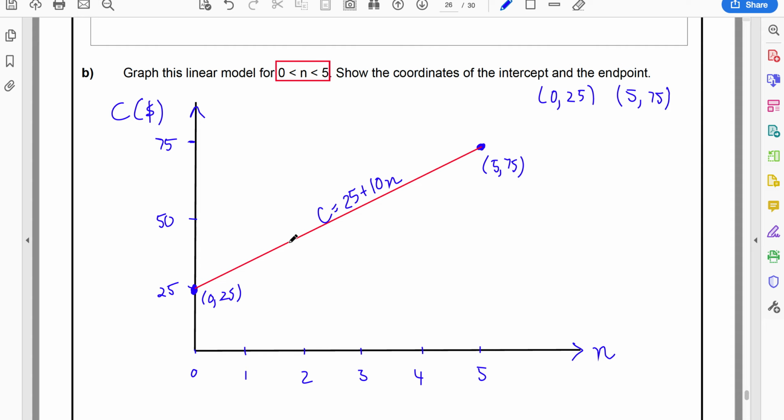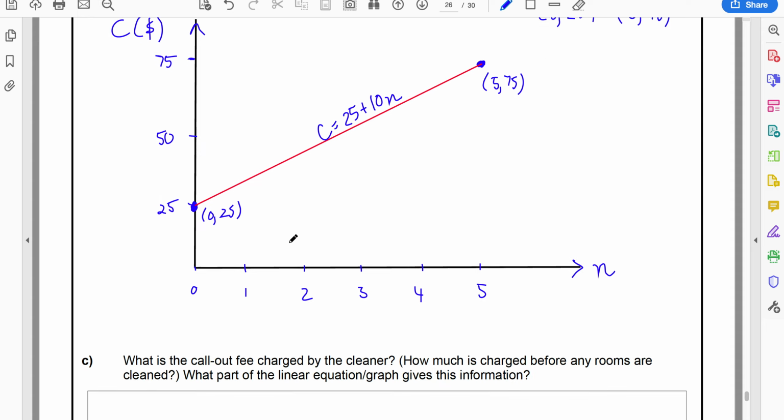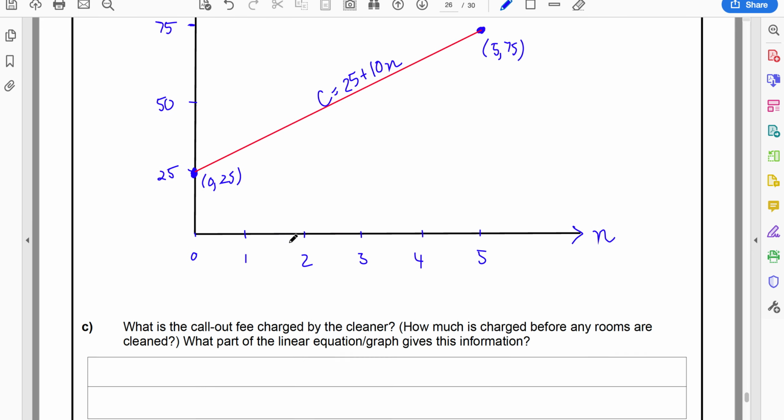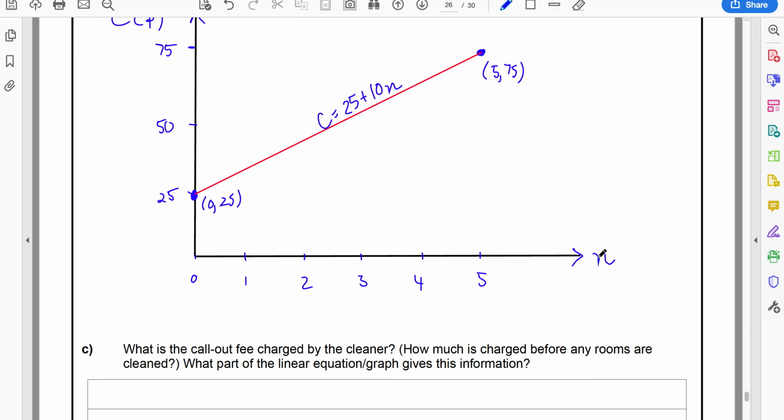Okay. Now, with your last couple of questions, the call-out fee charged by the cleaner. In other words, how much is charged before any rooms are cleaned. Now, if you have a look here, we can just go to the n, which was our rooms. I just put that there.